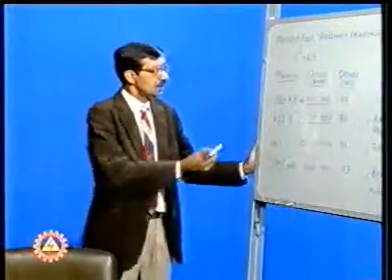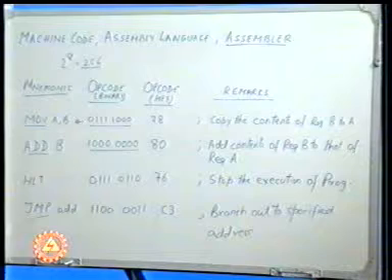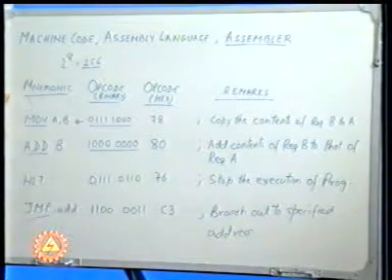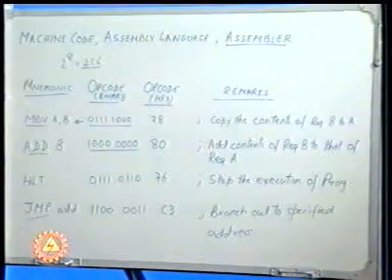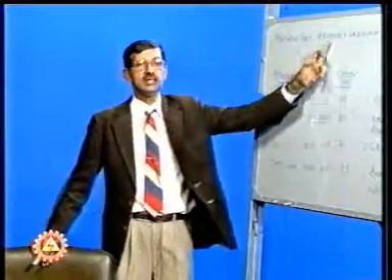The number of mnemonics, as I've already told you, in the case of the 8085 is 74. The set of such mnemonics is what we call the assembly language.